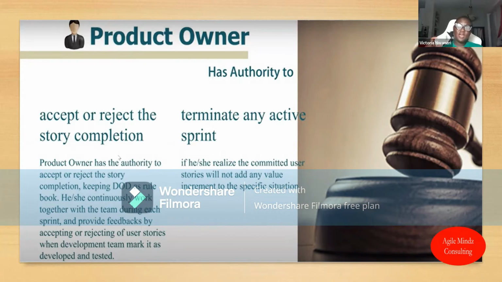When we look at those acceptance criteria and see that the story meets our definition of done, then of course the product owner can accept that story. But if it doesn't, I always encourage, I don't know if I should use the word reject, but maybe pause and not mark it as done, because it doesn't seem like it's actually completed, based on either a lack of something in the acceptance criteria or part of our definition of done.